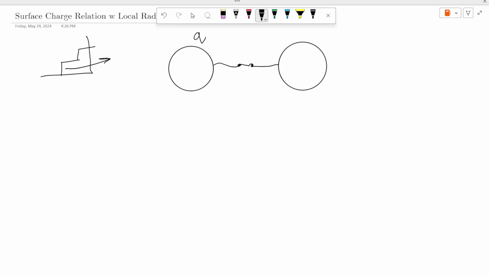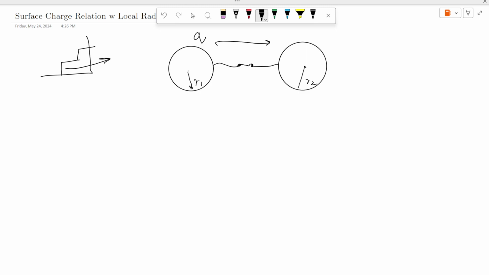Let's say the radius of the first one is r1 and the radius of the second one is r2. What happens in this case is this charge will move to this sphere until the potentials are the same. It keeps moving until the potentials are the same, because we know that charge moves from higher potential to lower potential.